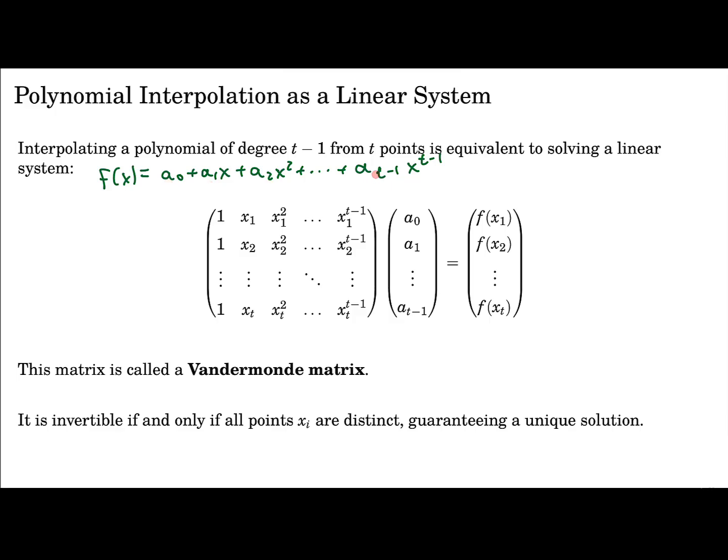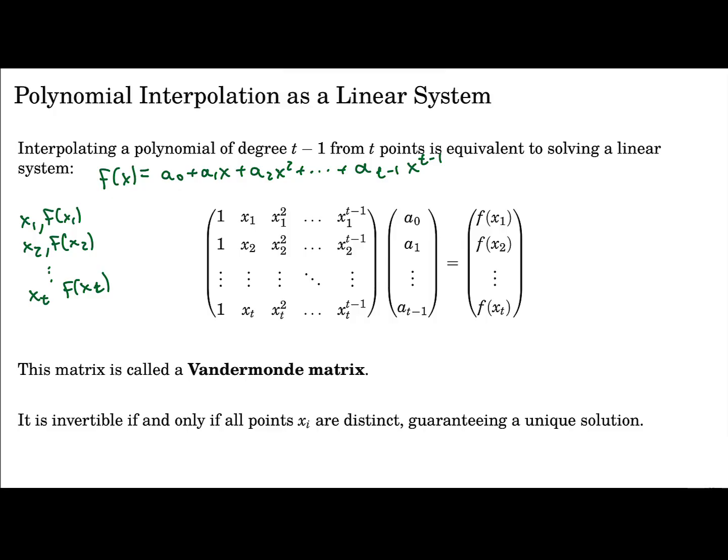And if we know t points, what that means is that we know these. So think of it like this. We know t points means that we know x1, f of x1, we know x2, f of x2, we know xt, f of xt, right?